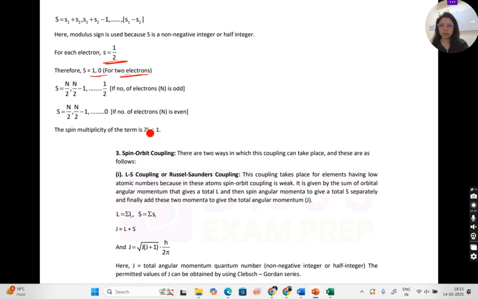And now we need to calculate the spin multiplicity, which is given by the formula 2S plus 1.